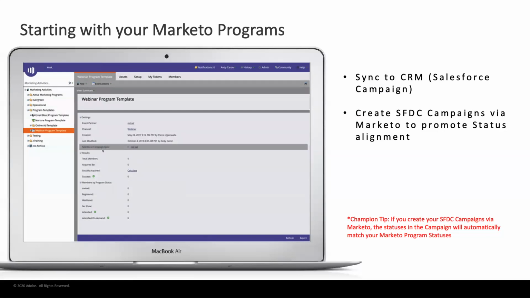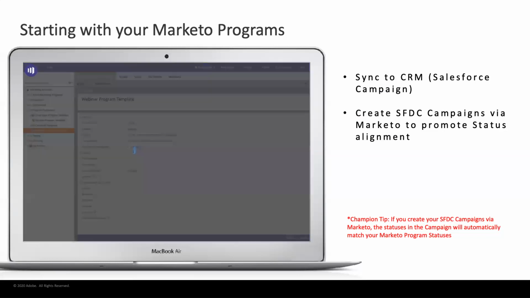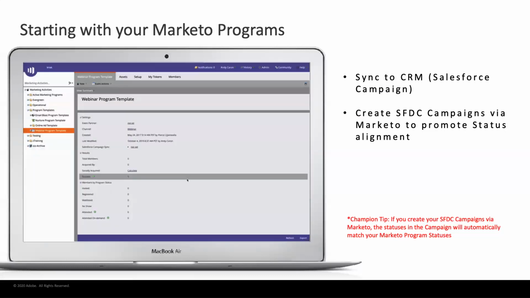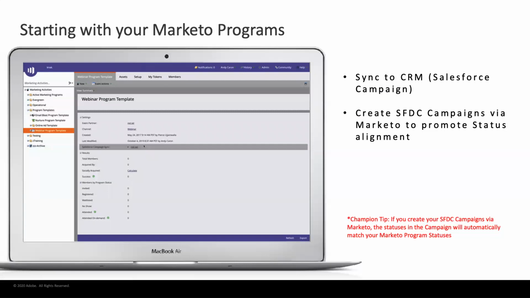The other thing that is really key here is that just about every single attribution tool that exists lives off of the SFDC campaign member object. There are some that are starting to plug into Marketo. They're limited.